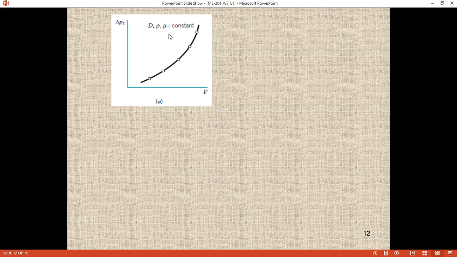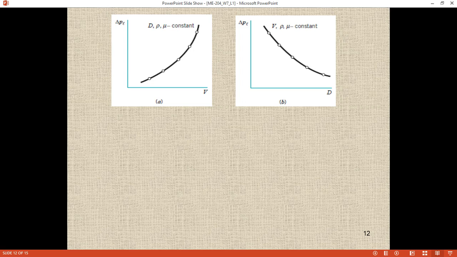Then if you take the diameter, for example 1 inch, and then vary another variable, that is the diameter varying. So this is the velocity graph for the 1 inch diameter.